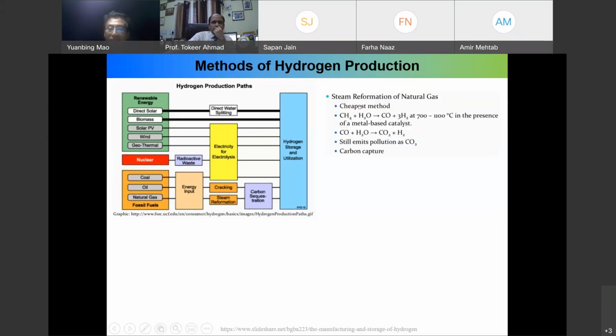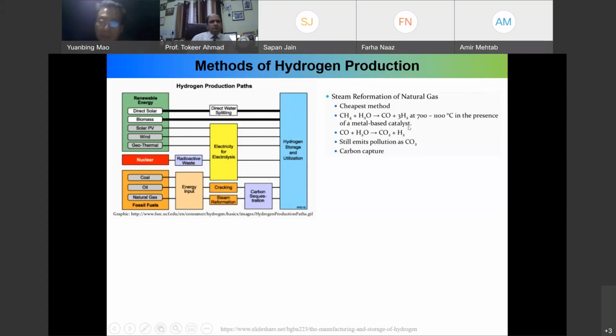Okay, the first one is the steam reformation of natural gas, which is from here. As I mentioned earlier, it is the cheapest method. Basically, methane and water are converted into CO and hydrogen. But we need to see that this reaction happens at quite a high temperature, and also in the presence of a metal-based catalyst.